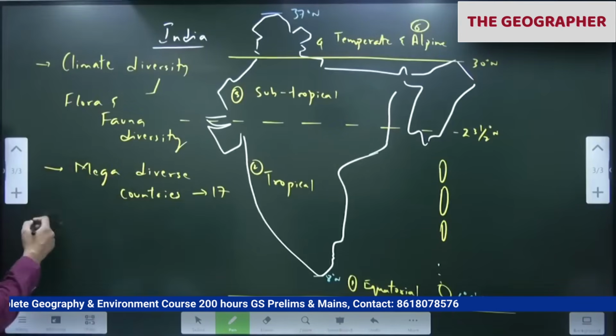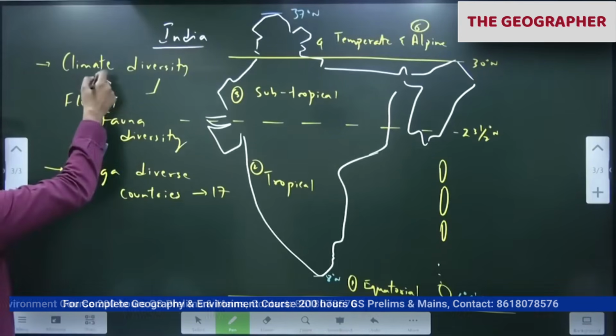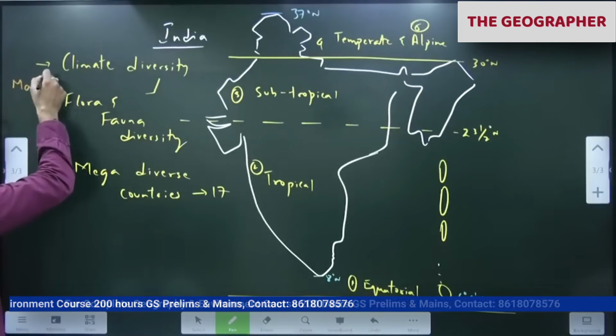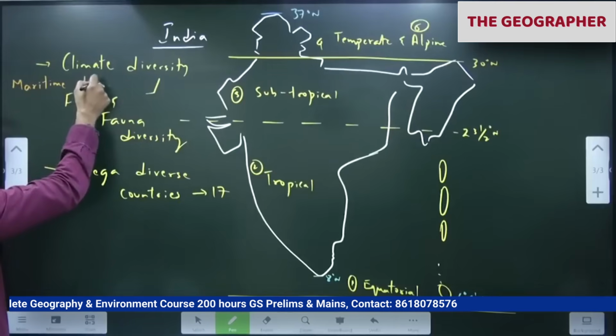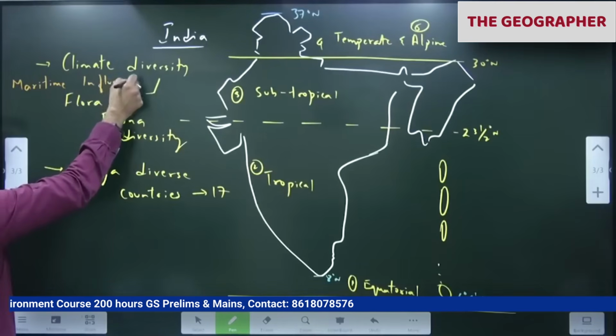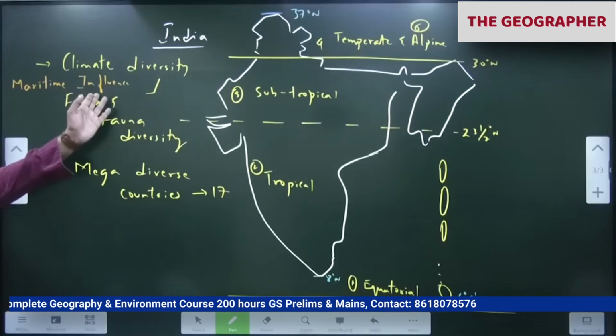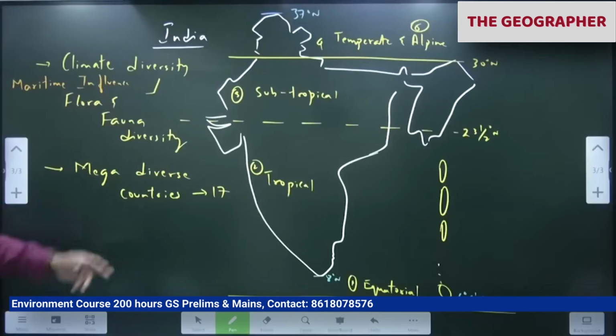Why do we have so much diversity? Because of the climatic diversity, plus we have maritime influence. Vast coastline. As a result, I am using the word maritime influence.